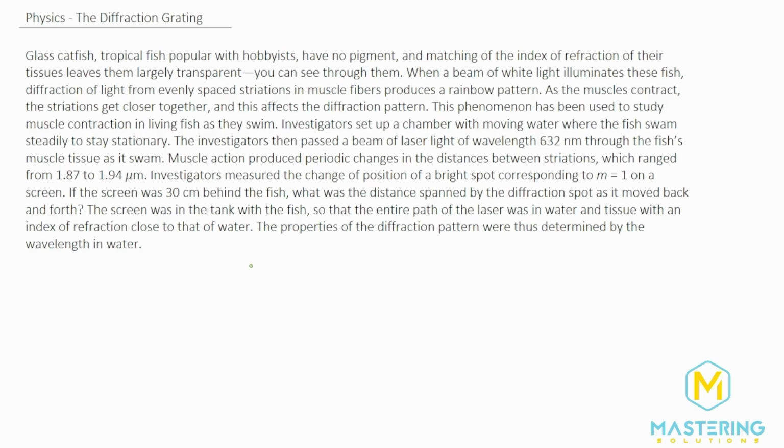Let's write down the list of information that they give us, and then go through it one step at a time. The wavelength that we'll be using is 632 nanometers, and L is 30 centimeters, so that is 0.3 meters. They also tell us m is 1, so m equals 1.